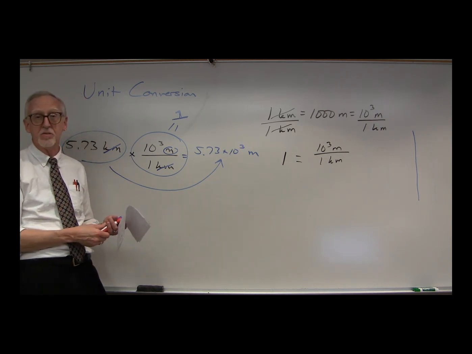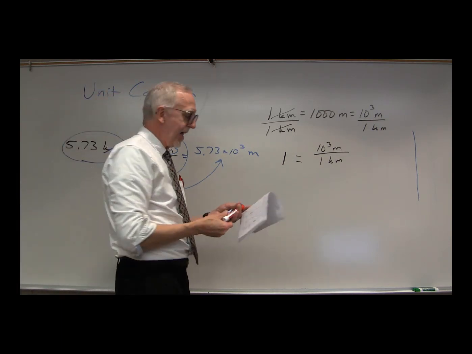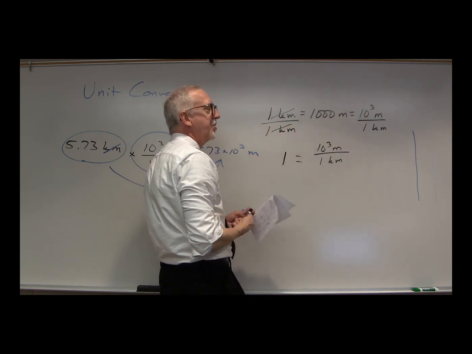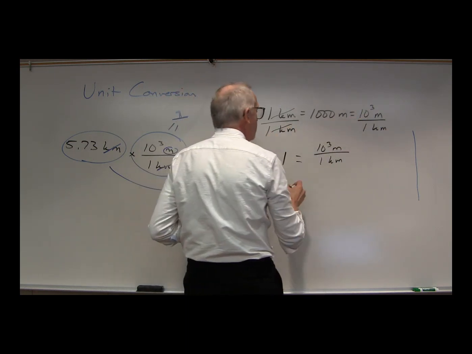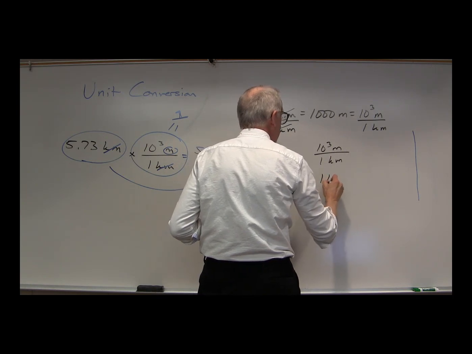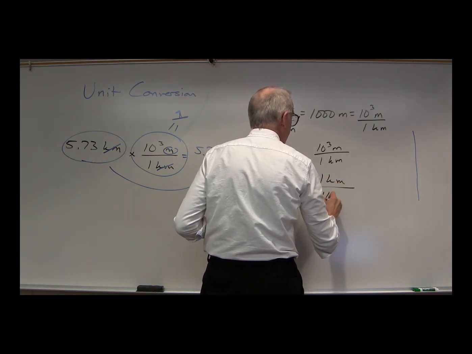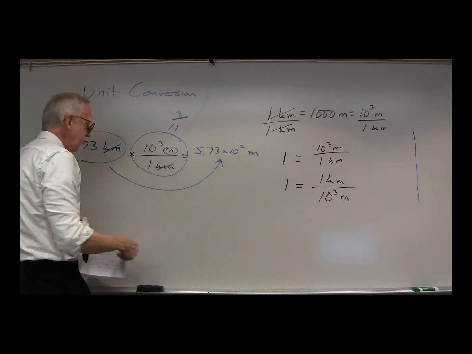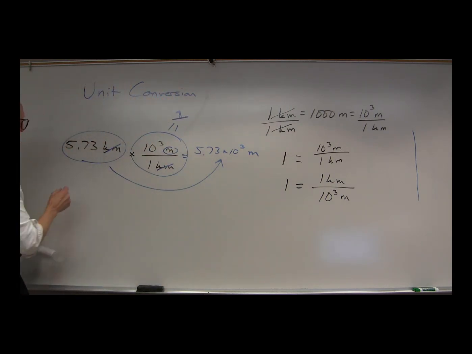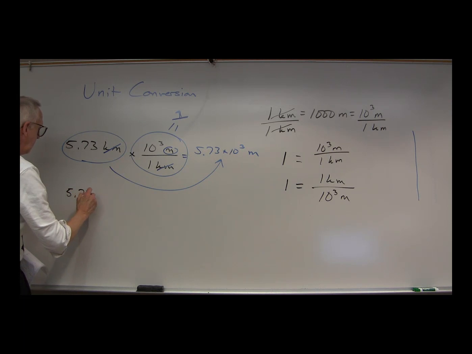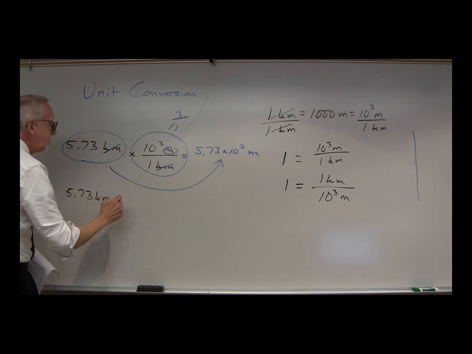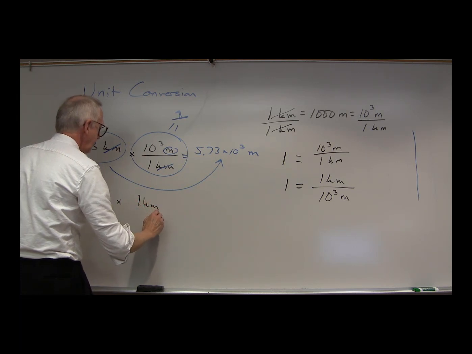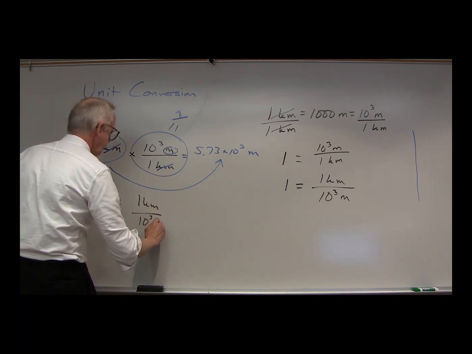Now, what if we had divided both sides by 10 to the 3 meters? Then we would get 1 is equal to 1 kilometer divided by 10 to the 3 meters. What if we had multiplied our 5.73 kilometers by this conversion factor, 1 kilometer over 10 to the 3 meters?